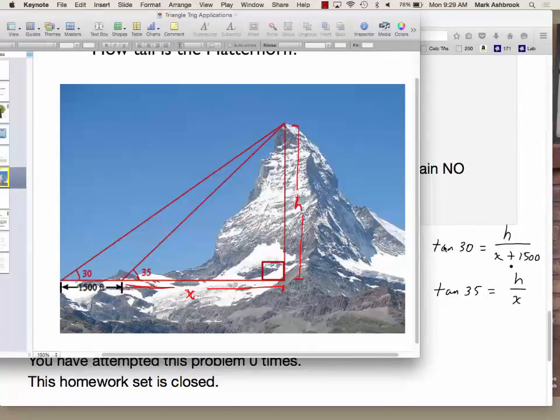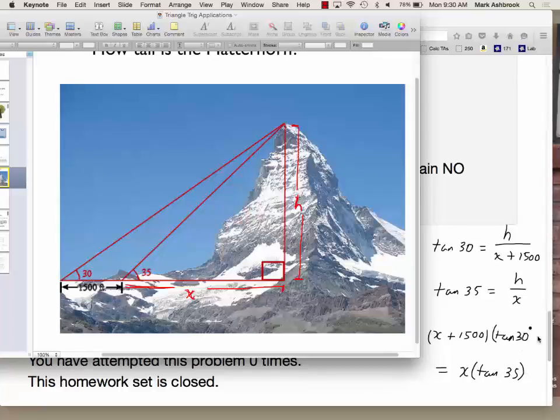So he's saying solve this for h, which just means multiply this up, and solve this for h, and multiply this up. And now h is the same. So therefore x plus 1500 is h, or times tangent 30, that's h. So that has to equal what? X times tangent 35.